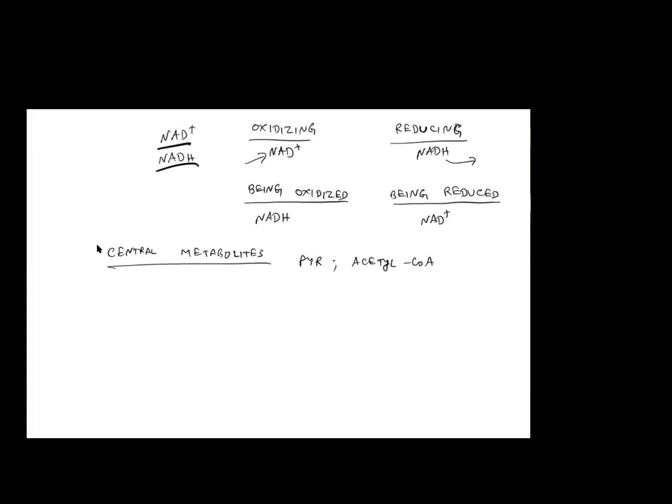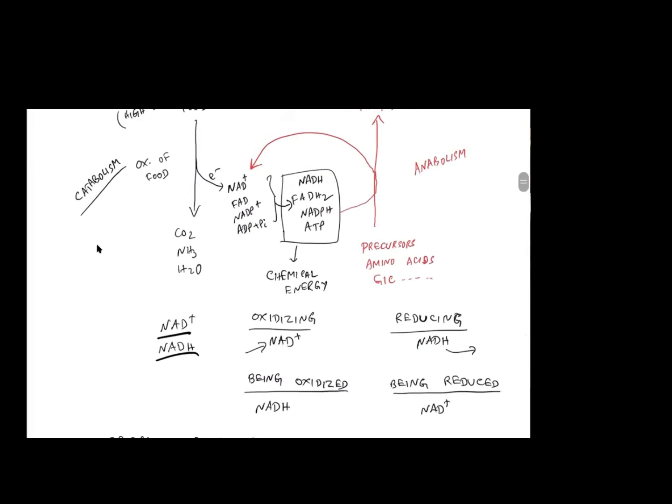So that is why catabolism is the converging part of the metabolism. Everything is converging into some common intermediates, all right? And then once we have these common intermediates, those are acting as precursors.